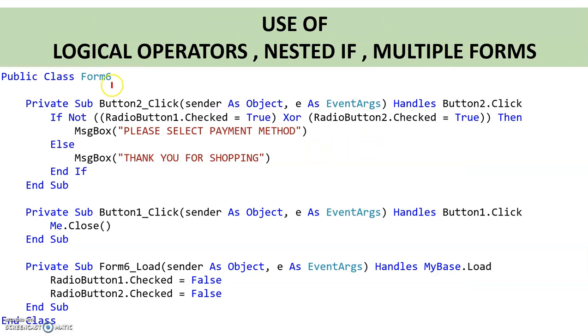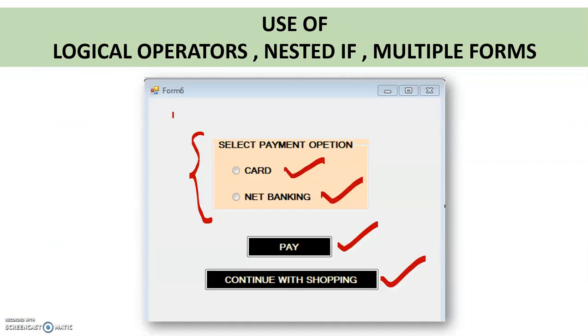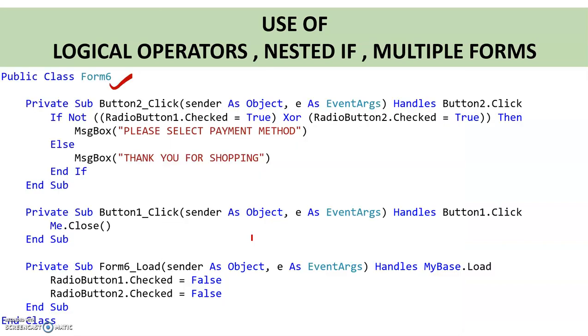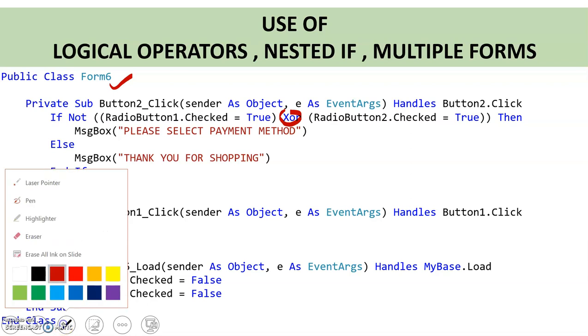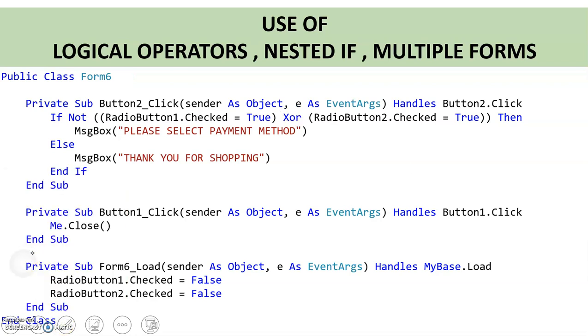On form 6, the button 2 click event, which is my pay button. So if Not radio button checked true Xor, again this is a logical operator, right?